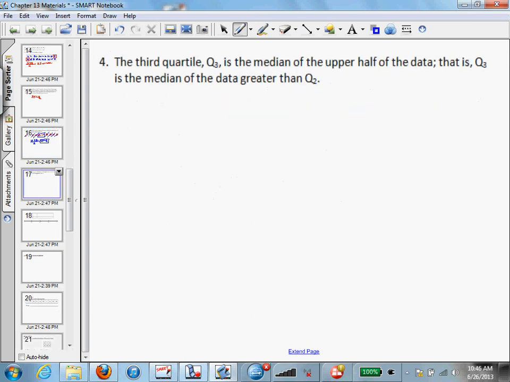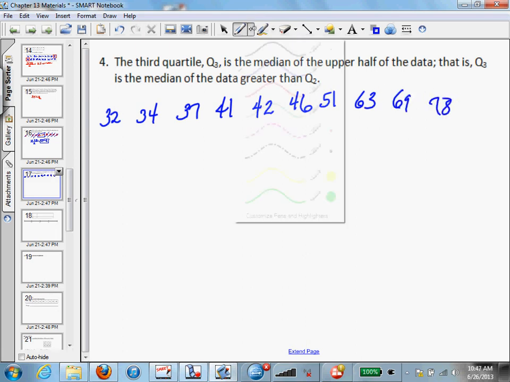Okay. So now we have to find the median for the last piece of data, which includes 32, 34, 37, 41, 42, 46, 51, 63, 69, and 78.